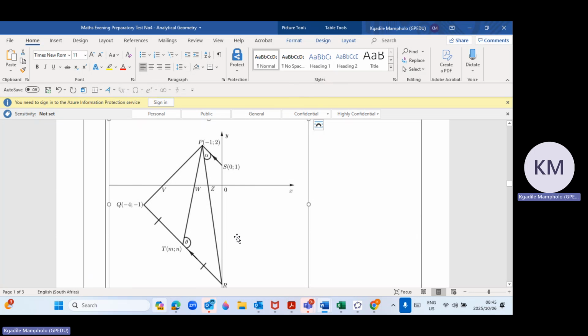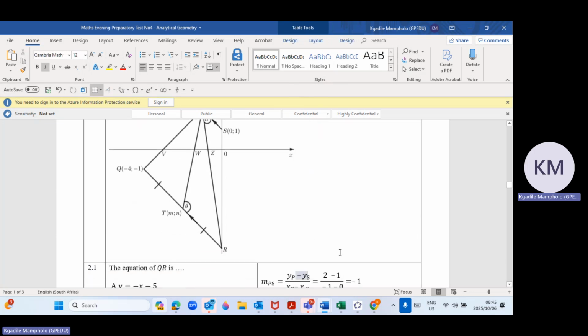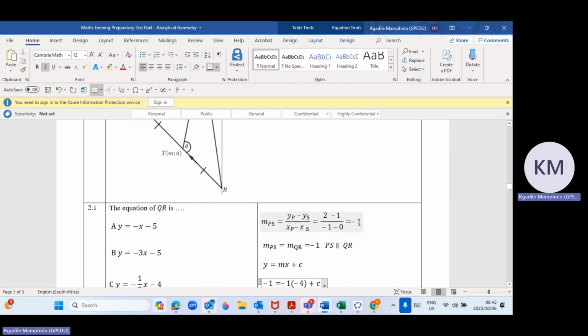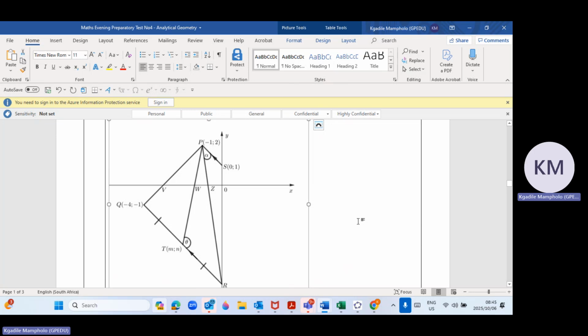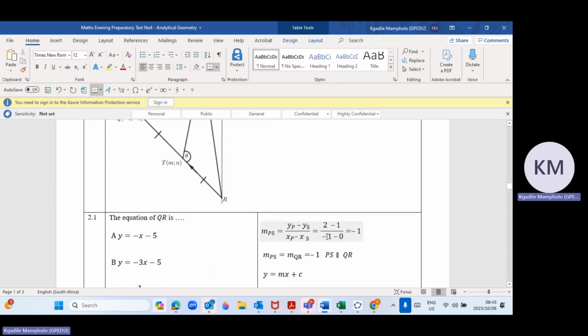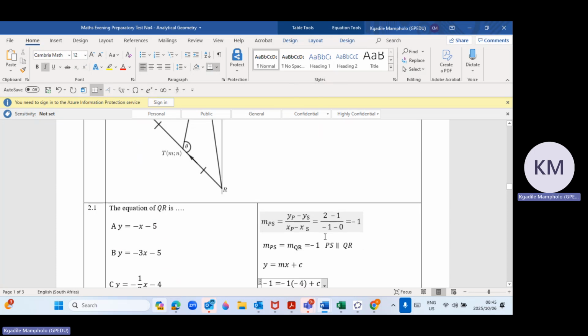Now, for the first question, you find the gradient of PS because PS has enough information. You see that y2 is 2, y1 is 1, x2 is -1, x1 is 0. That is why you get that. Then you say (2 - 1) over (-1 - 0), and you get the gradient of PS, which is the same as the gradient of QR, because the lines are parallel.